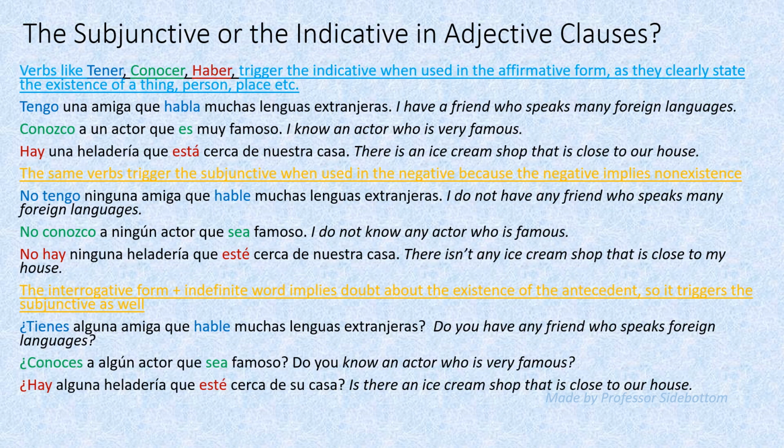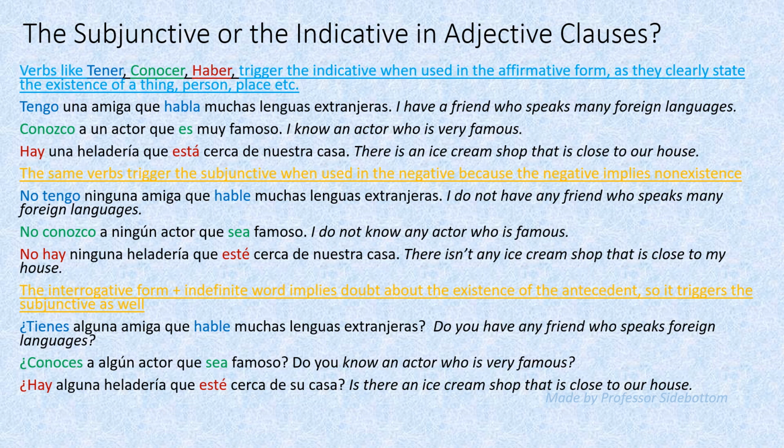Verbs like tener, conocer, haber trigger the indicative when used in the affirmative form as they clearly state the existence of a thing, person, place, etc. And here are 3 examples. Tengo una amiga que habla muchas lenguas extranjeras. Conozco a un actor que es muy famoso. Hay una heladería que está cerca de nuestra casa.